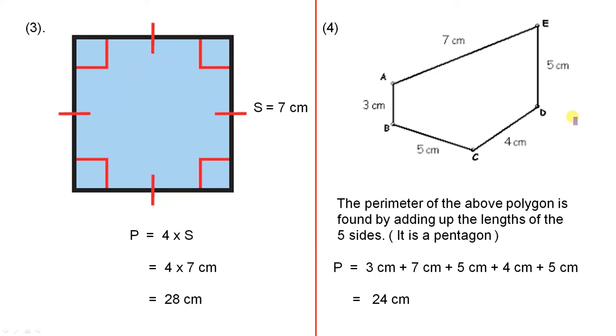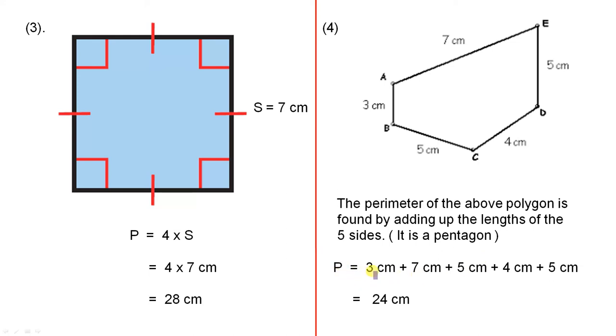Number 4, again we have a closed shape, and here we have 5 sides. The perimeter of the above polygon is found by adding up the lengths of the 5 sides. It is a pentagon. Because it has 5 sides, it is a pentagon. Now it's not a regular pentagon, because the lengths of the sides and all the angles are not equal, but it is a pentagon because it has 5 sides.